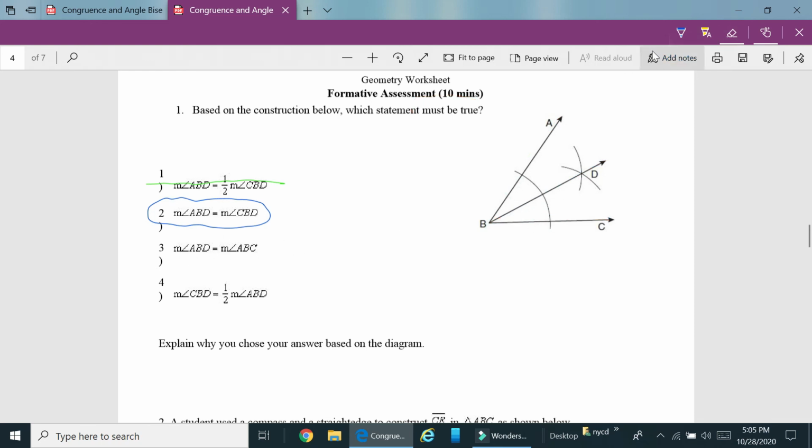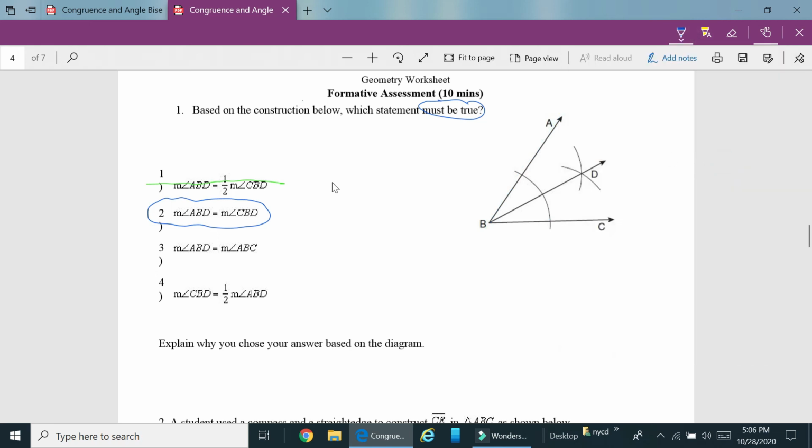Now let's look at number 3. Let's stick with blue, I like that color. Must be true here. All right, so now ABC, A, B, C. No, I messed up. I read the letters wrong. All right, sorry, sometimes that will happen.